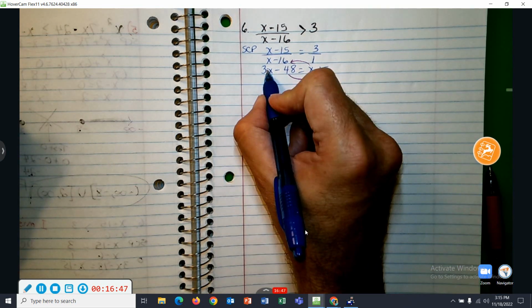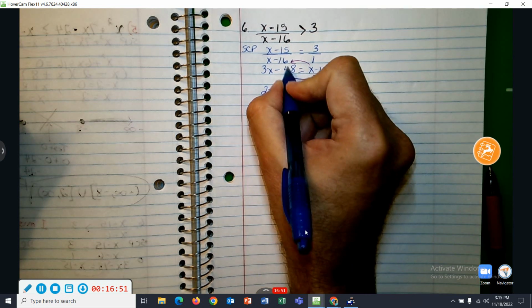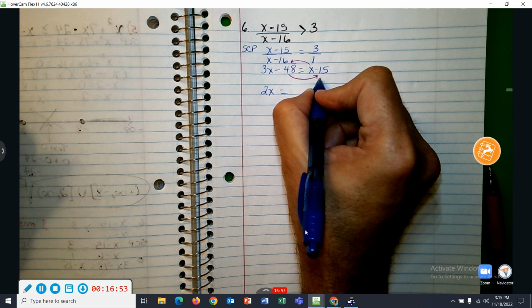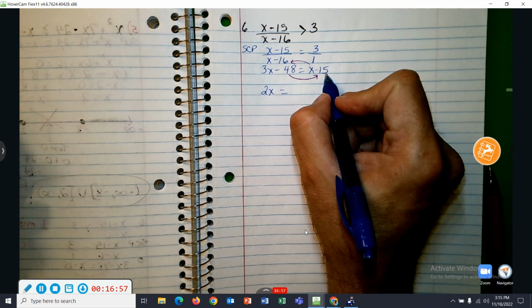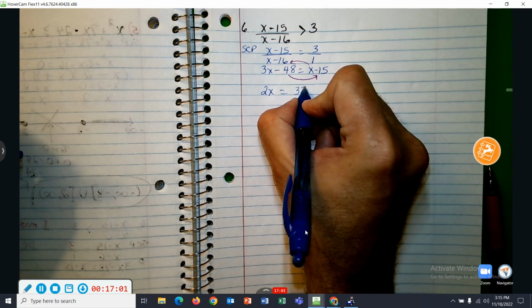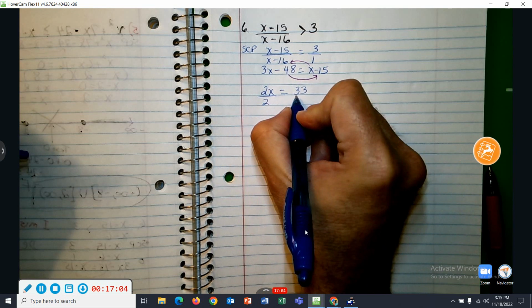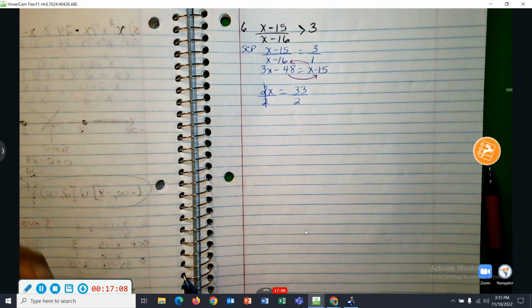So we have 3x minus 1x, it's 2x. Negative 48, moving it over, we'd be adding 48, so 48 minus 15, is that a 33? Divide by 2 to get 33 over 2.